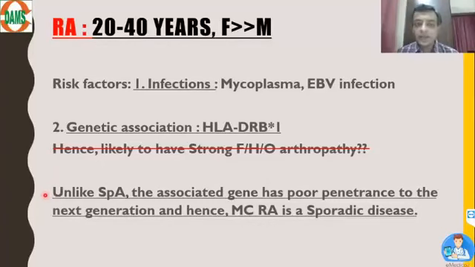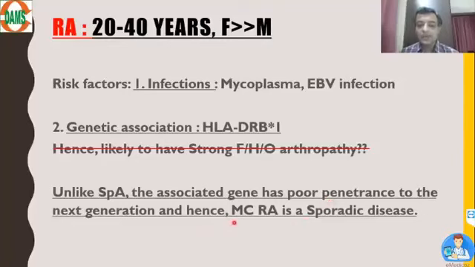Unlike spondyloarthropathy, the associated gene has poor penetrance to the next generation. The gene HLA-DRB1, which is associated with the risk of RA, has poor penetrance to the next generation.